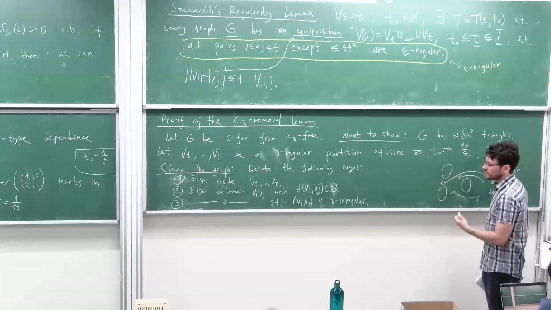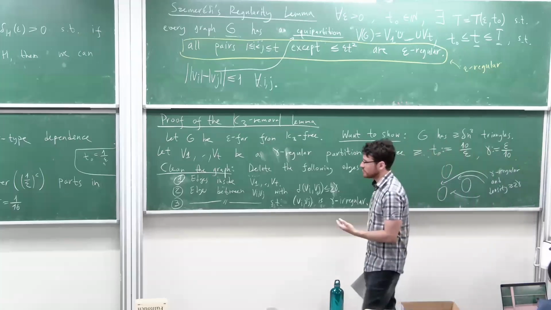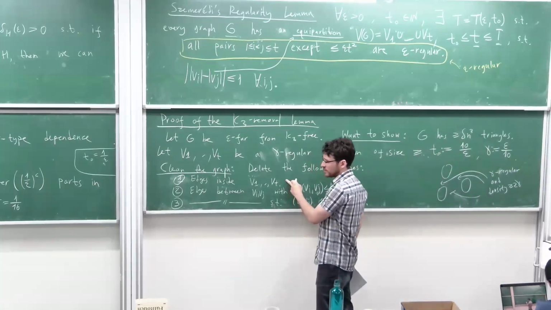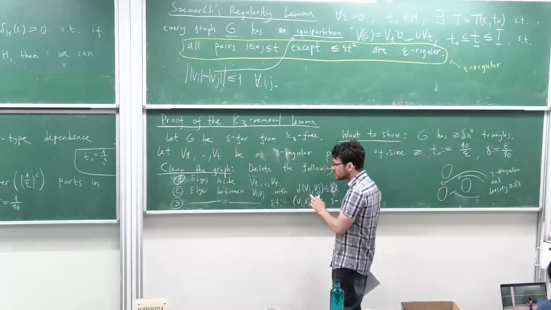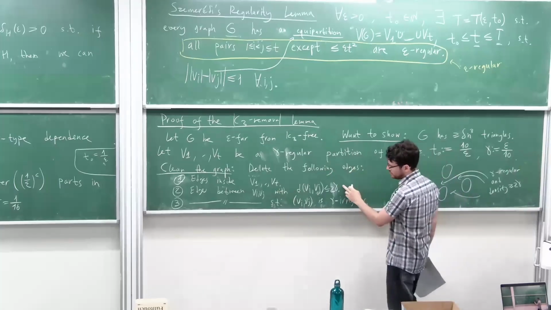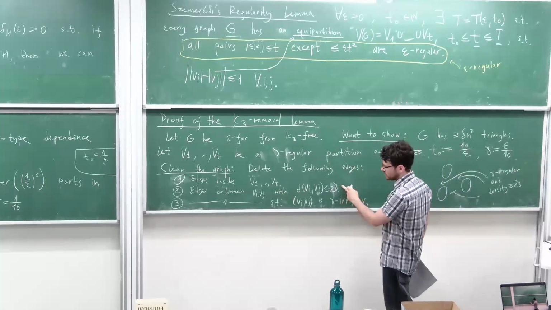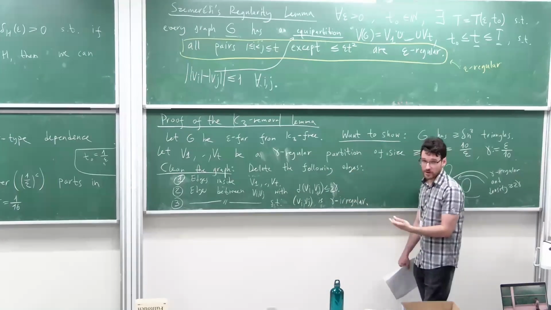So I want to get rid of all the edges which are not like that, which I don't have control over. First of all, I have no control over the edges inside the classes, so I'll just delete all of them. Also, if a pair Vi, Vj has too small density, I'll delete all the edges there. And if a pair is gamma irregular, I'll delete those too.